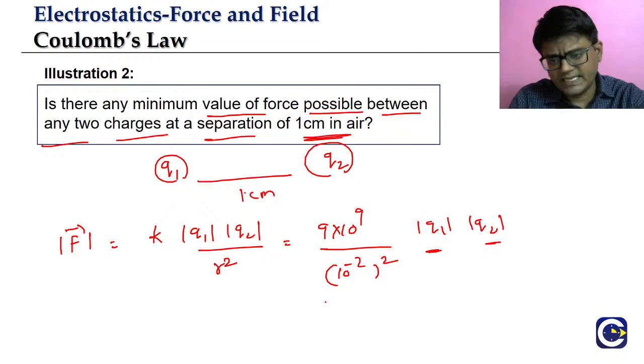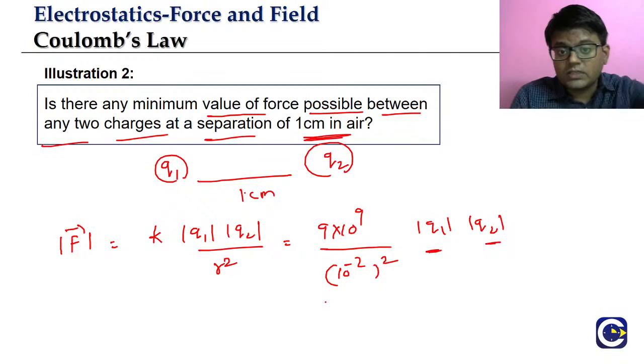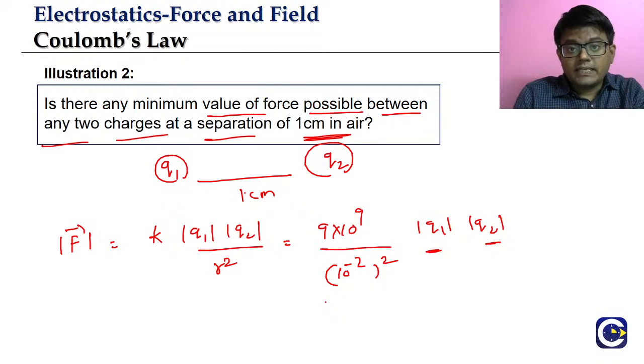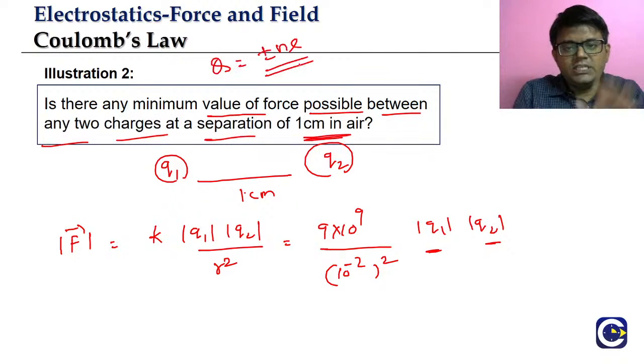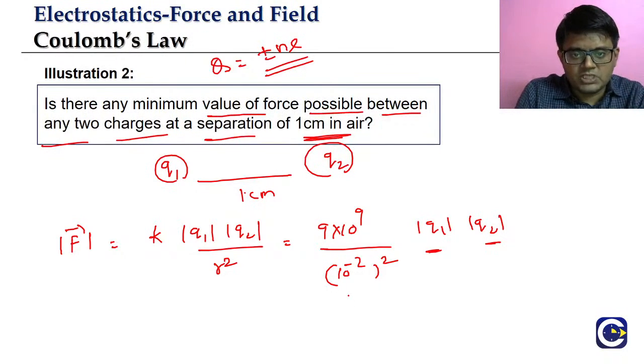Whenever we say charge, remember we will go back to the quantization of charge. What is the basic understanding? Whenever an object is getting charged, it will always get charged in terms of an integer multiple of that basic charge, either a positive integer multiple or a negative integer multiple.